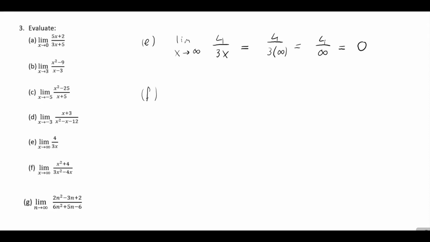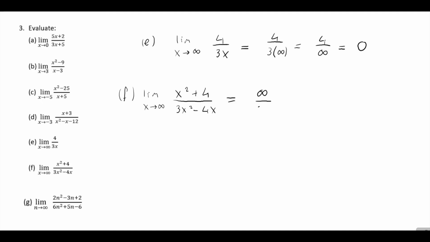Now we'll look at f. Now f is going to require a different tactic to solve it. If you try to substitute infinity directly into this, infinity squared still has to be infinity, and plus 4 won't matter because it's such a big number. So we get infinity on top.